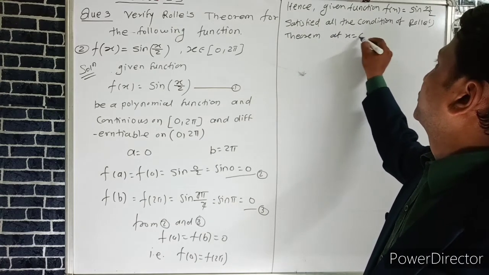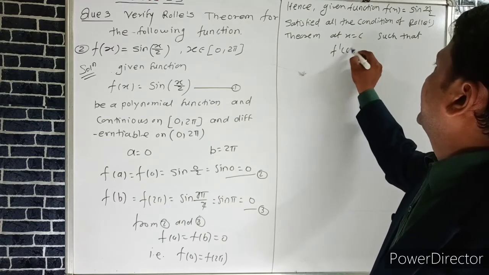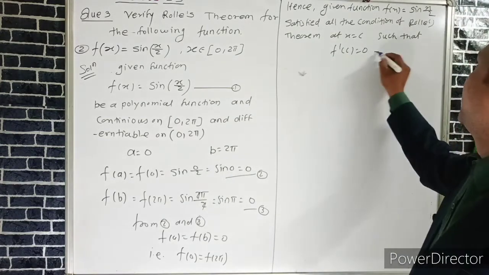At x is equal to c, such that f dash of c is equal to 0, it will give equation number 4.